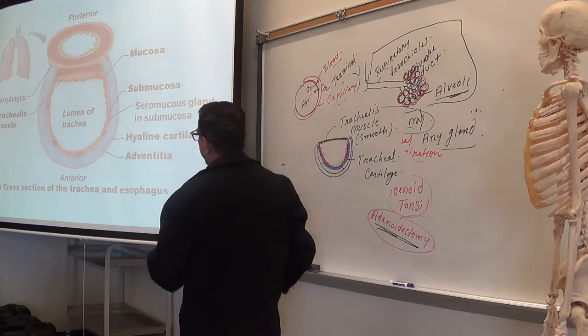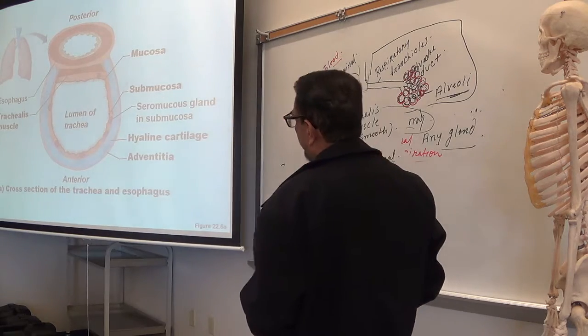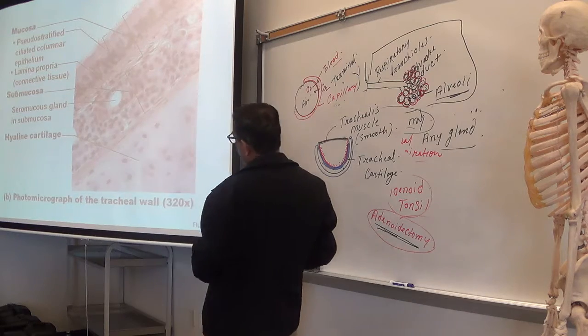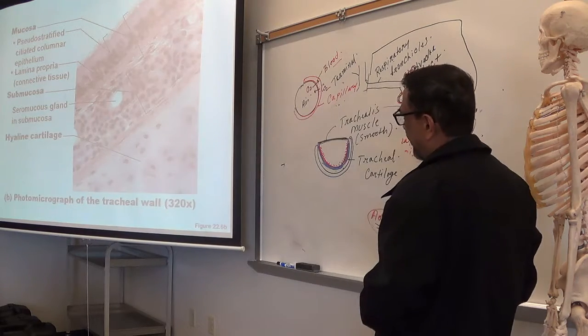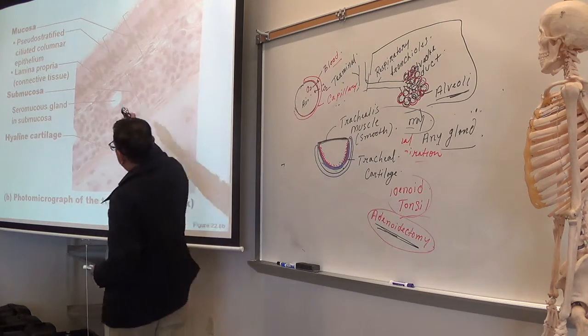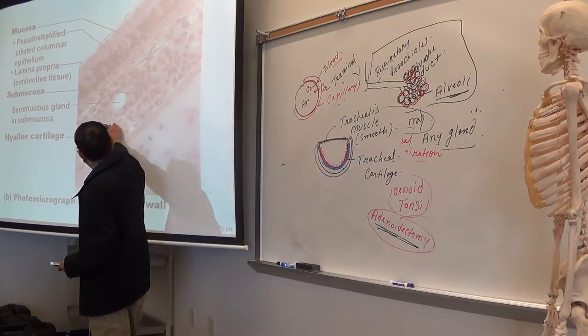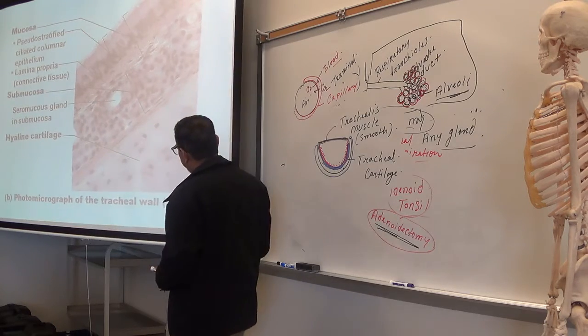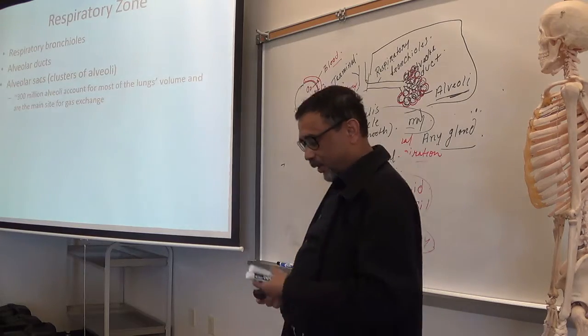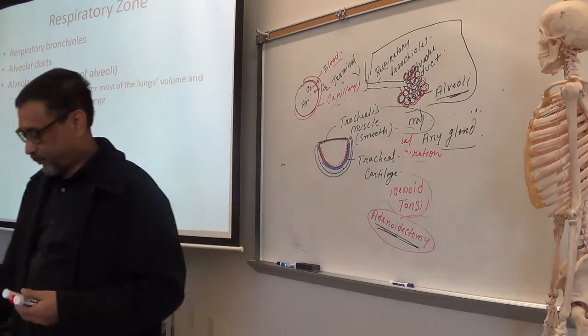Okay. This is the real picture, histology under the microscope. So you see those 3 layers, mucosa, submucosa, and adventitia. Okay, so that is the trachea.